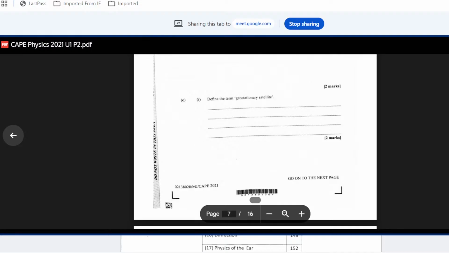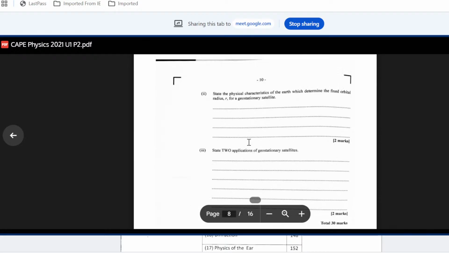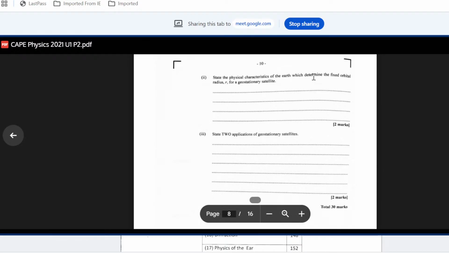The next question says to state the physical characteristics of the Earth which determine the fixed orbital radius for a geostationary satellite. Would it be the mass of the Earth?